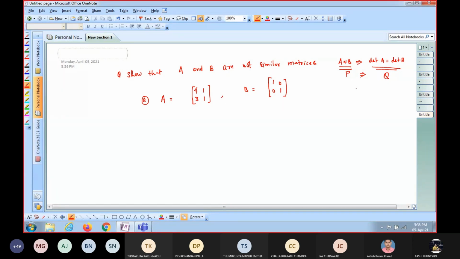See, the same statement can be written as not Q implies not P. Right? Means if determinant of A is not equal to determinant of B, this is not Q, it will imply not P. P is A is similar to B, not P is A is not similar to B.